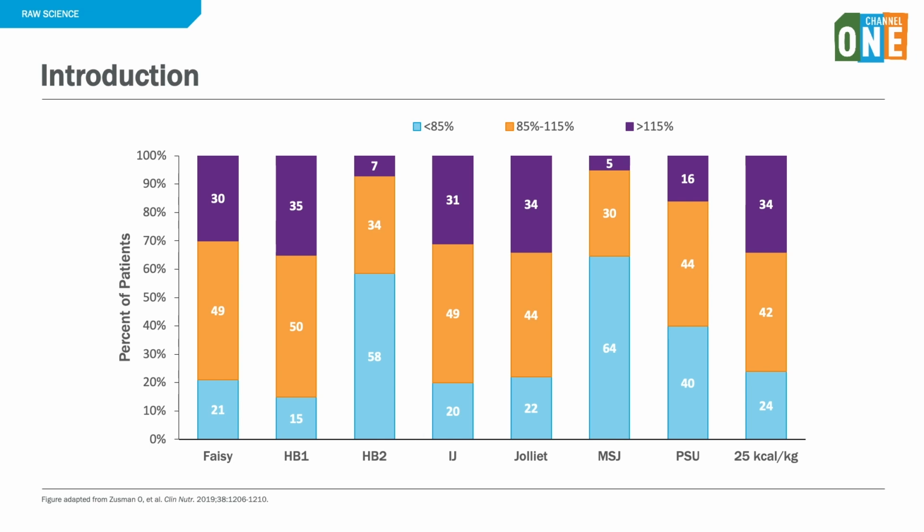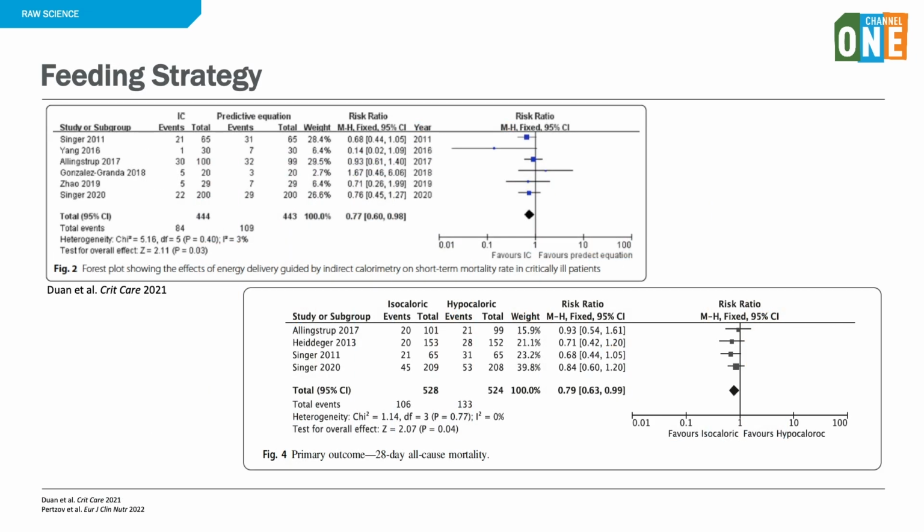And if that happens, you can give whatever type of nutrition, but you will have more complications. This translates in this meta-analysis, the first figure that you can see here, by Duan, who showed an impact on mortality when you use indirect calorimetry as compared to the predictive equations.